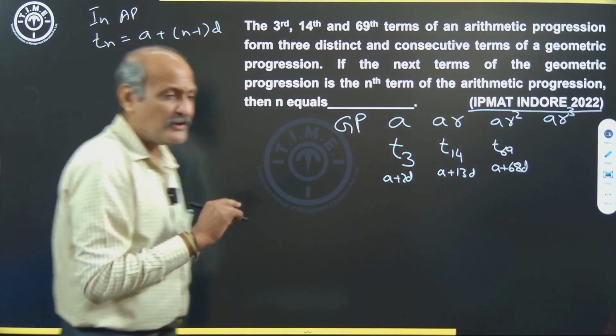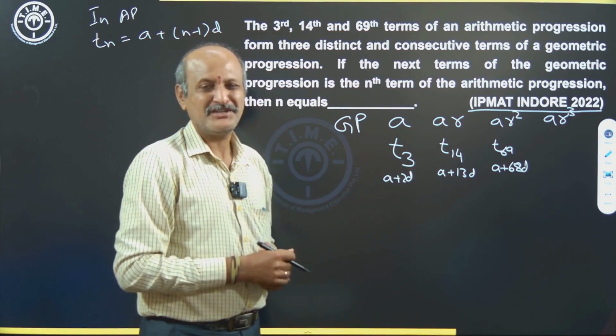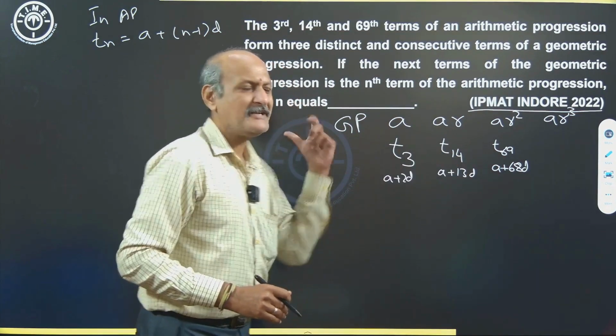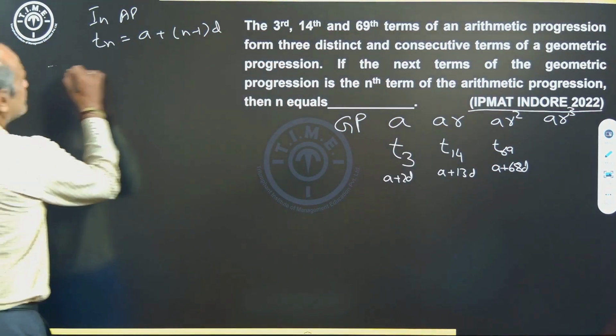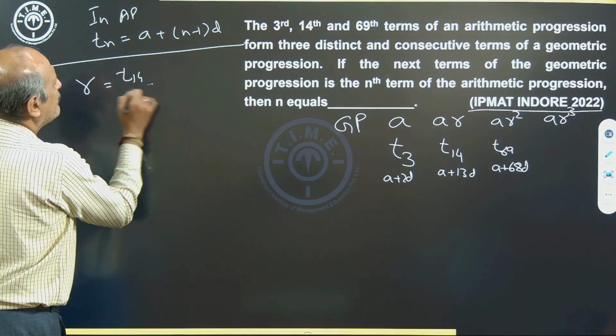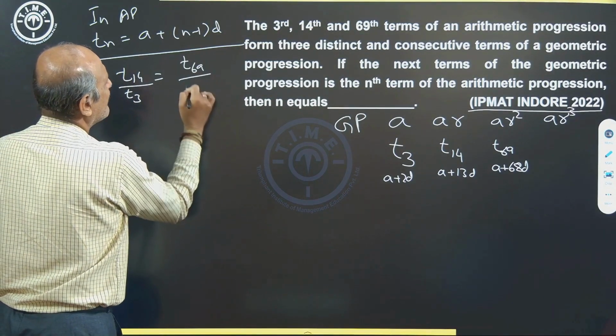Now, in a geometric progression, the ratio of consecutive terms always remains a constant. What is this R? It is T14 divided by T3, and that also equals T69 divided by T14.